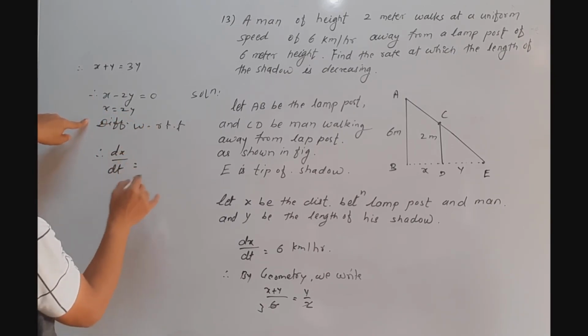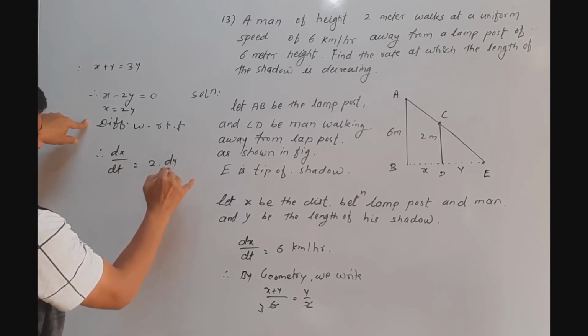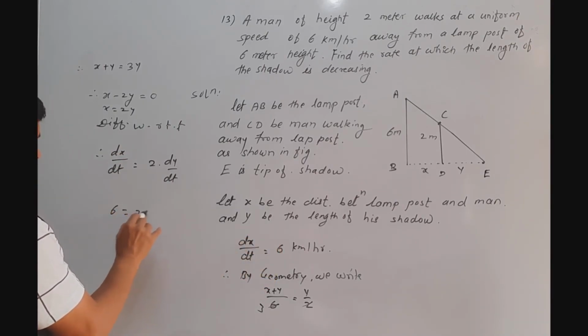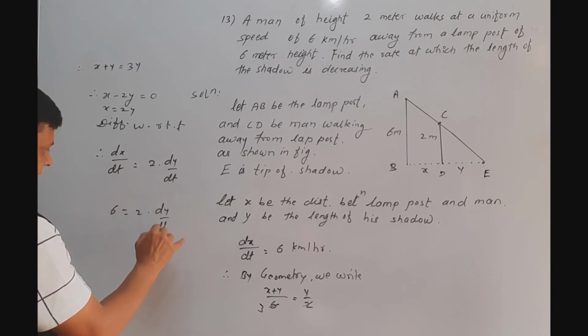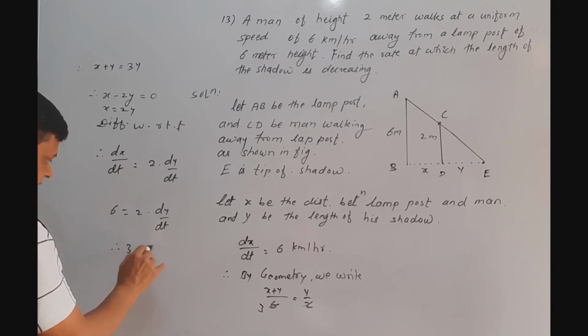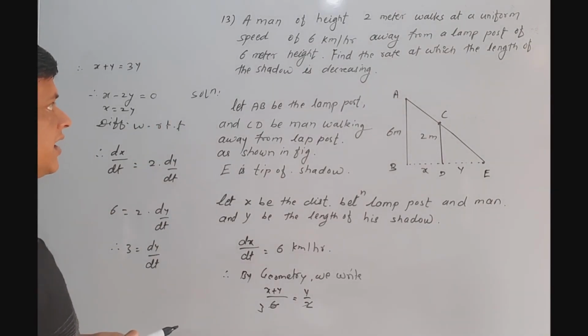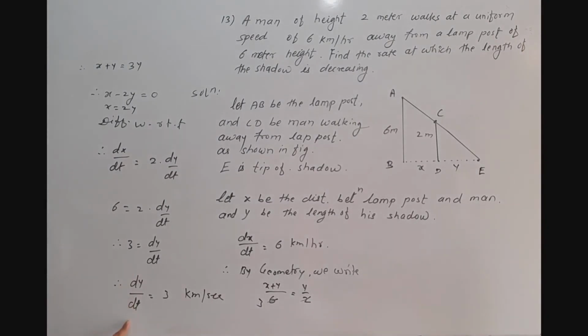So dx by dt equals 2 into dy by dt. We have dx by dt which is 6 km per hour, so 6 is equal to 2 into dy by dt. Therefore dy by dt is 3. Now, the rate at which the length of shadow is decreasing: the length of shadow is decreasing at the rate of 3 km per hour.